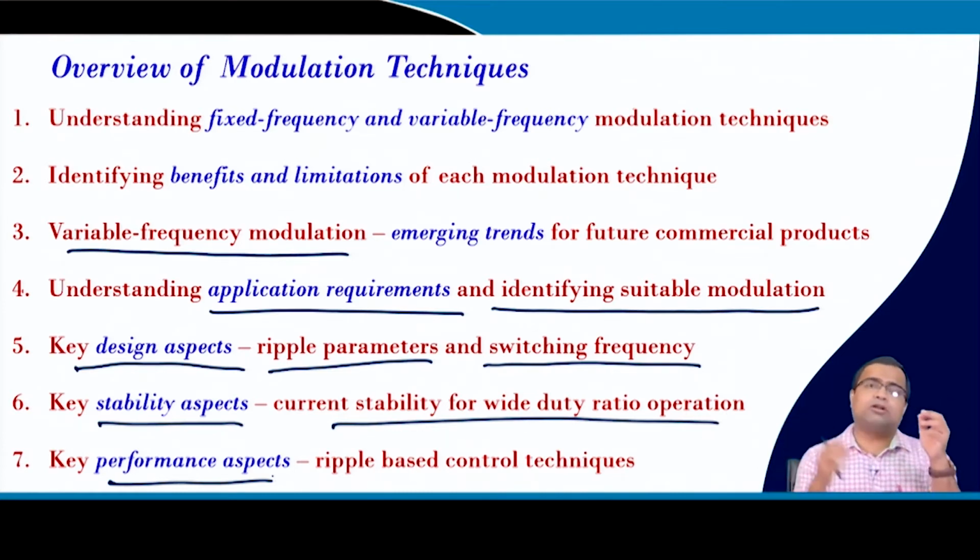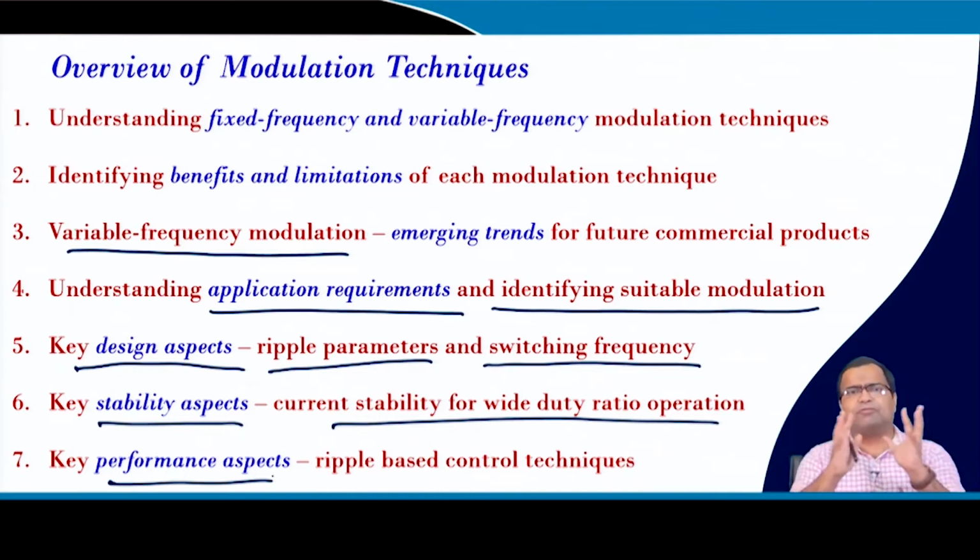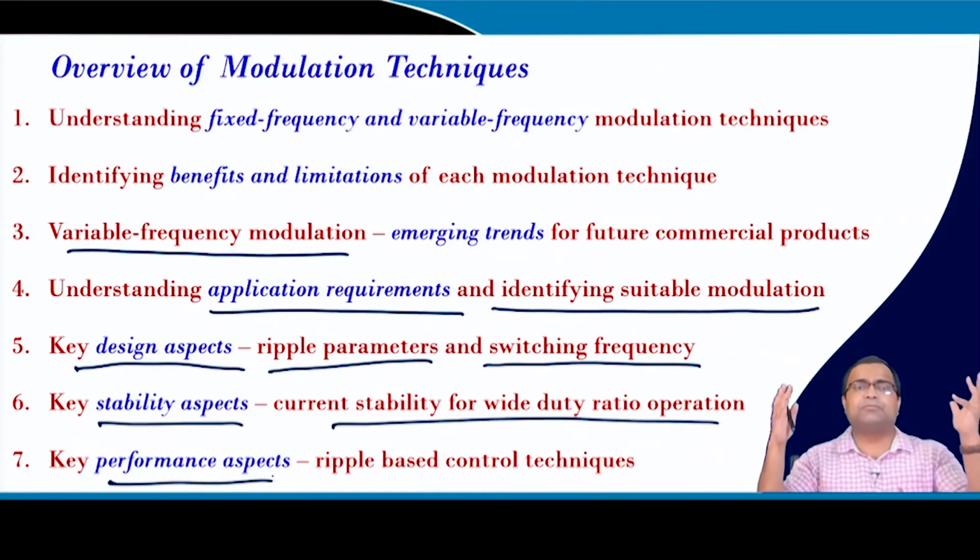So the ripples are not accessible to the loop, and as a result your performance is limited. But suppose with the same modulation technique we go for large signal based tuning, where we have incorporated the ripple information, then we can use the same controller, like voltage mode or current mode control, and we can reach the performance up to the physical limit, which is the time optimal performance, and that is also possible.